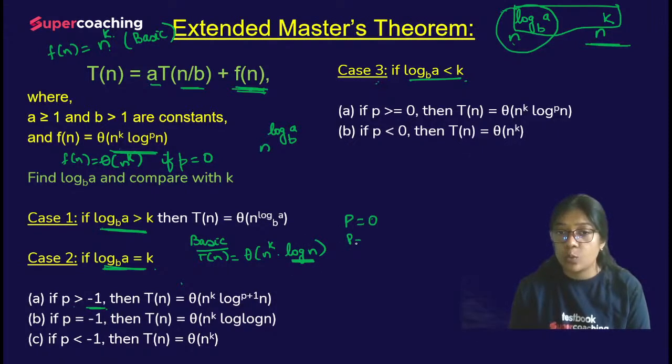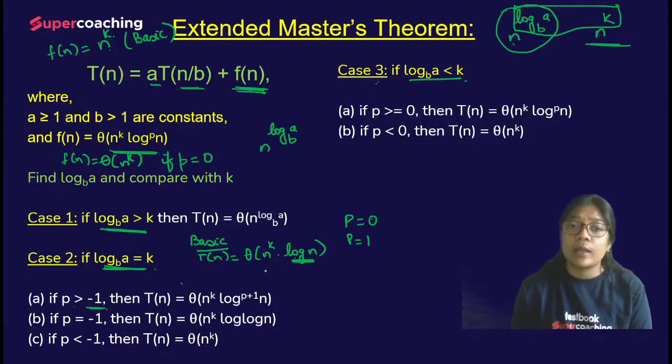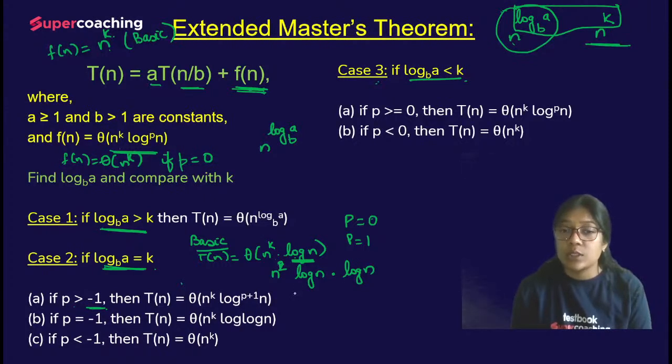If p is equal to 1, तो log n तो आएगा ही आएगा टाई को ब्रेक करने के लिए, और एक log n पहले ही अवेलेबल था, so for example n square log n was the f of n, और टाई को ब्रेक करने के लिए आपके पास log n आ रहा है. तो here what is happening, we are just increasing the power of log n by 1.